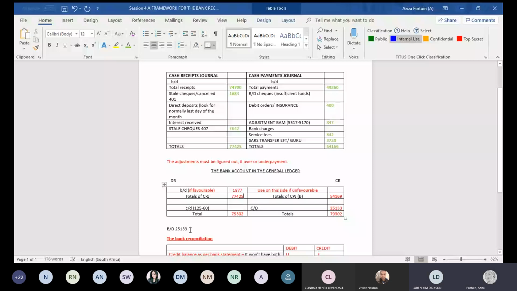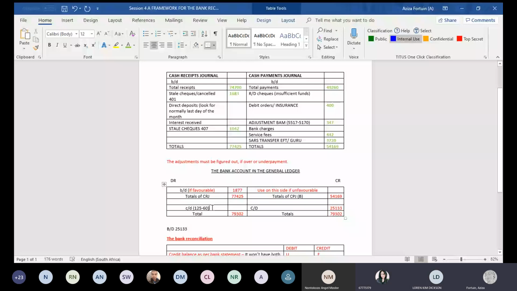I don't understand what you're trying to say. Which numbers are you talking about? That is happening when you have a trial balance or something. Then you will have a breakdown. Are you talking about this amount here, the carry down 125 minus 60?